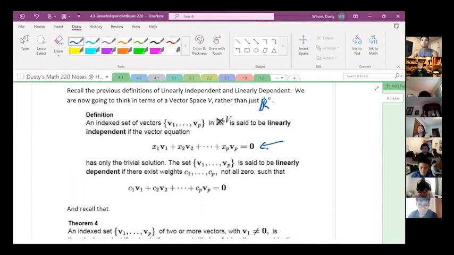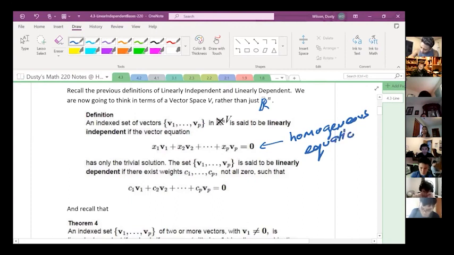The homogeneous equation. And it's the homogeneous equation because you have that equals 0 on the end. So if the homogeneous equation has only the trivial solution, it's linearly independent. It's linearly dependent if there are non-trivial solutions.